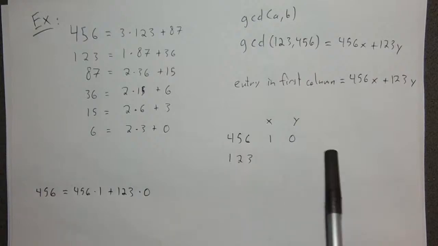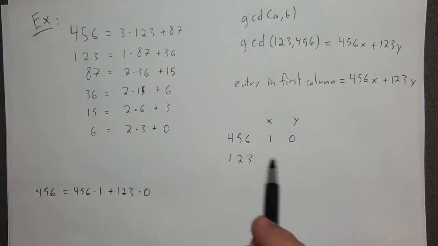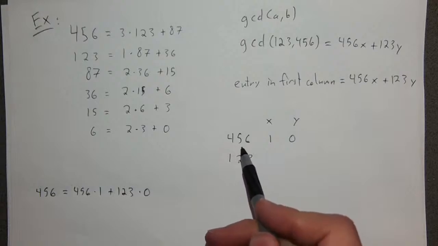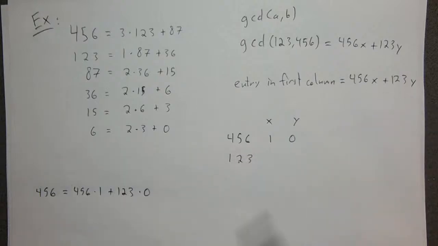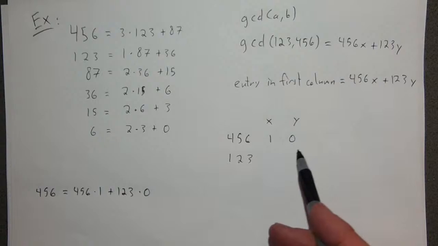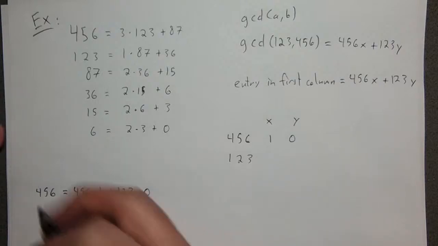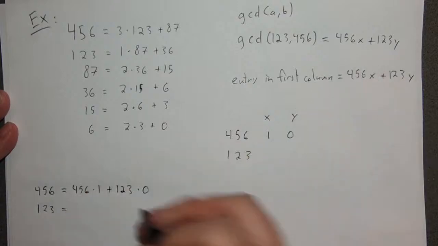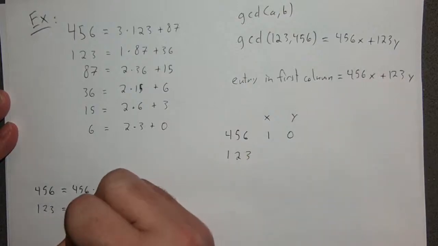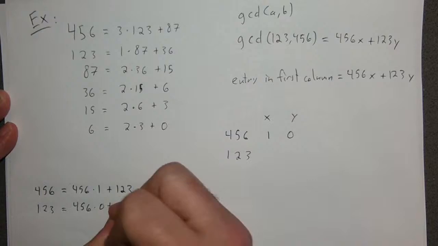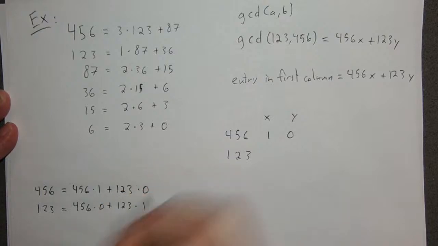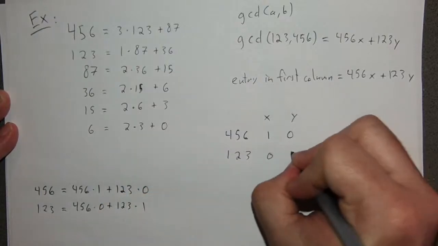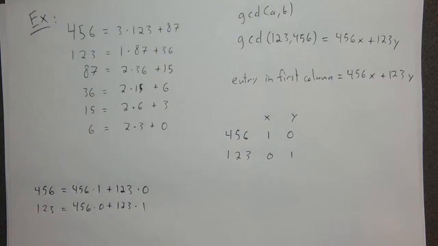So what this line in my table says is that one way to make 456 a linear combination in this fashion is to let x be 1 and y be 0. Similarly, 123 can be thought of as 456 times 0 plus 123 times 1. And so the entries here are 0 and 1.